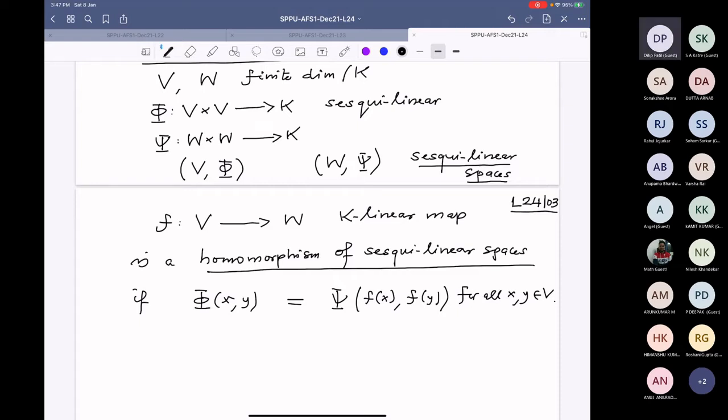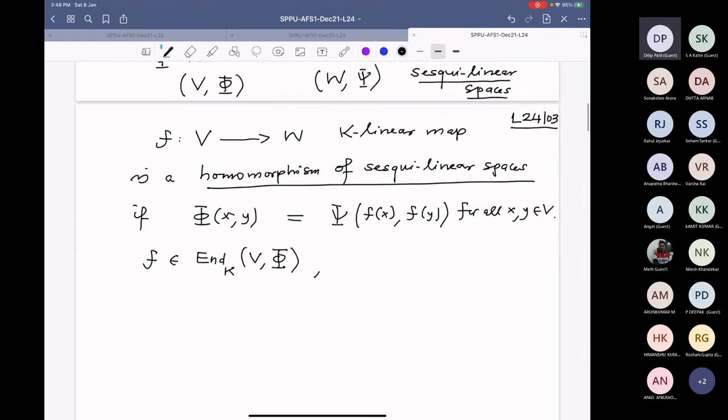If I write f belongs to the set of maps from V to V preserving phi, this should be clear. This is a homomorphism of sesquilinear spaces from V to V in that form.